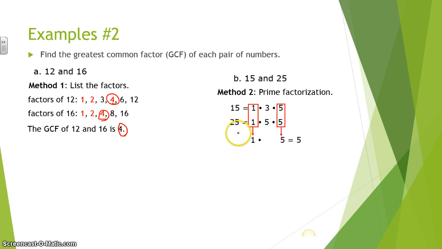For 25, we have 1, 5, and 5. And so what would be the greatest common factor of both 15 and 25? What value occurs in both? That would be 5. So the greatest common factor of 15 and 25 is going to be 5.